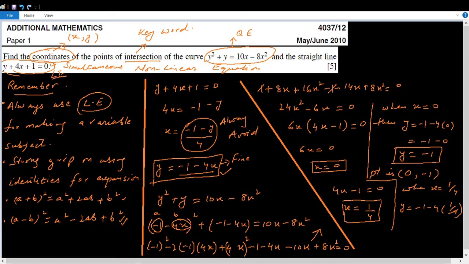So this 4 cancels this and it will become minus 1 minus 1, which is equal to minus 2. So y is equal to minus 2. So the second point is 1 over 4 comma minus 2. These are the 2 points where the line and the curve are intersecting each other.